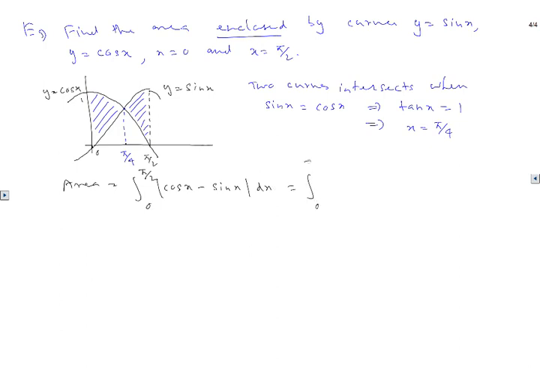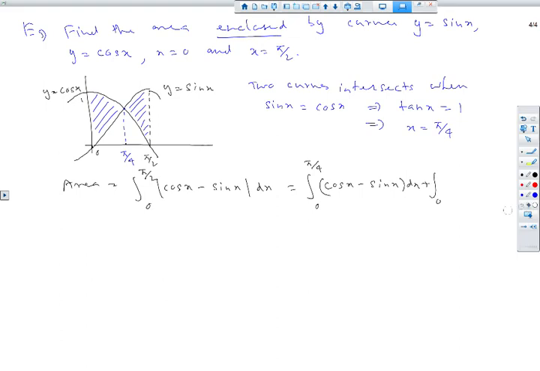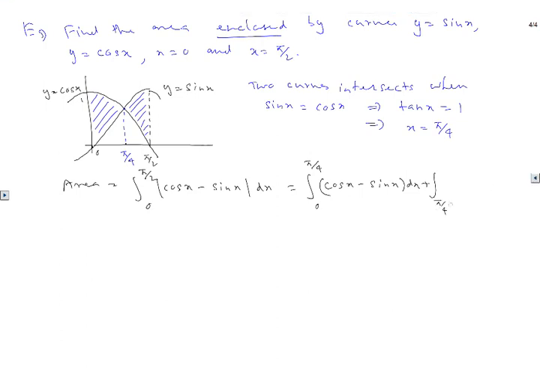So it is 0 to pi over 4, where the top function is cosine, so it is cosine x minus sin x, plus the second one, going from pi over 4 to pi over 2. In that case, the sine is the top function, so sin x minus cosine x. Okay, so that's the actual area. So you can finish the integral now.